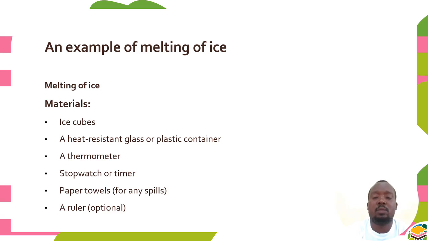So be with me. In melting of ice, we need the following materials: the ice cubes, a heat-resistant glass or plastic container, a thermometer, a stopwatch, paper towels for any spills, and a ruler, but this one is optional.